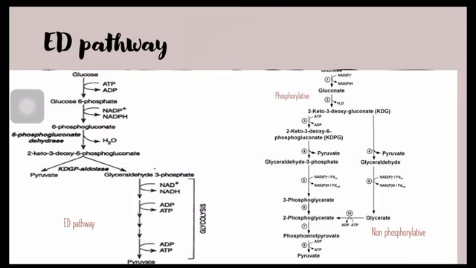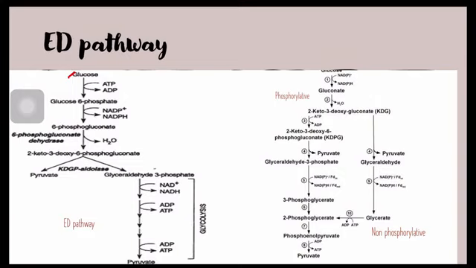In the ED pathway, glucose is phosphorylated to glucose 6-phosphate and oxidized to 6-phosphogluconate, producing an intermediate compound, KDPG, 2-keto-3-deoxy-6-phosphogluconate. It is then split by the enzyme KDPG aldolase into one molecule of pyruvate and glyceraldehyde 3-phosphate, and the glyceraldehyde 3-phosphate finally produces one more molecule of pyruvate.